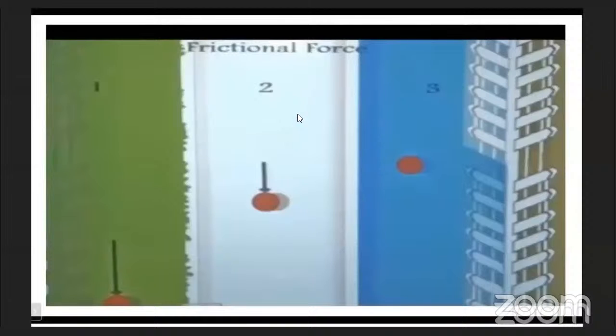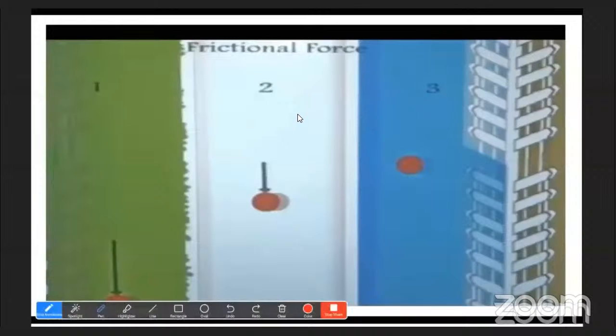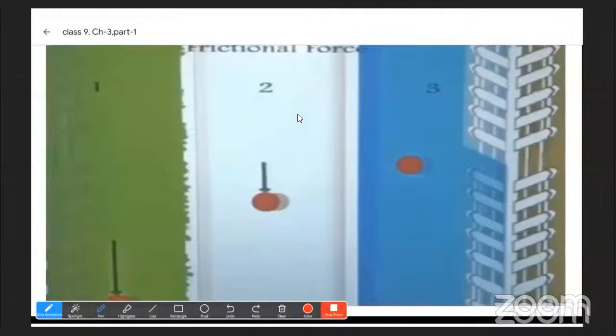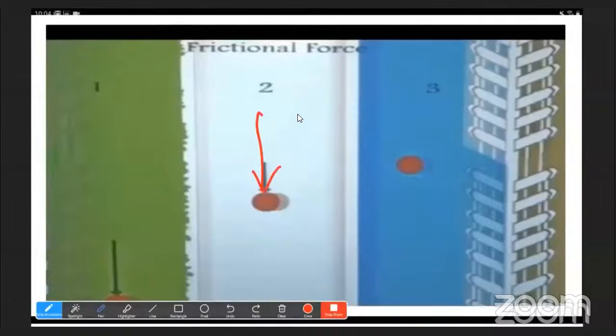So even when we cannot observe any force acting on the ball, there is a frictional force acting on the ball in the opposite direction to its motion. This is the force applied by us, and this is the frictional force.